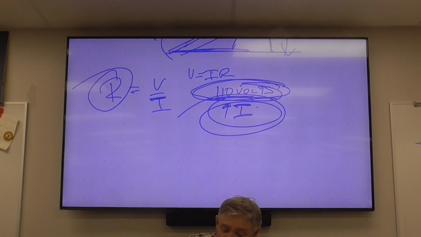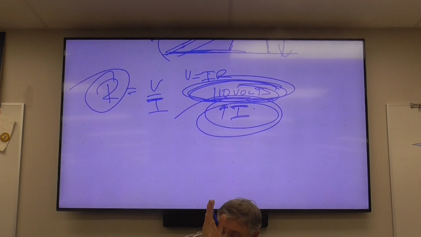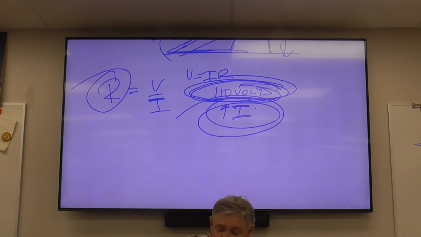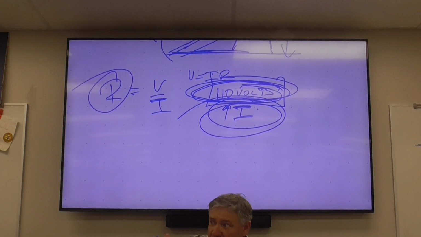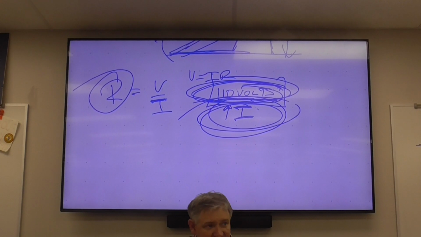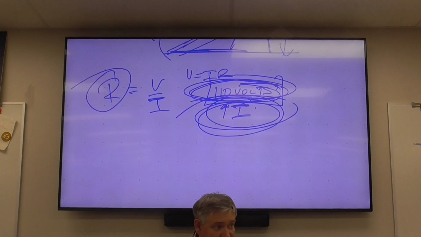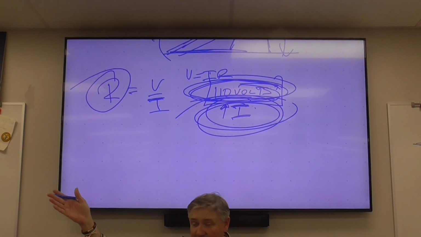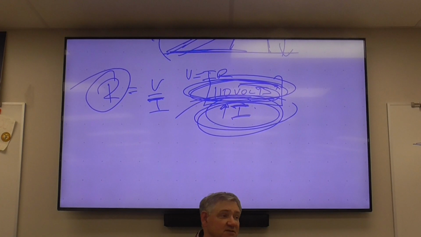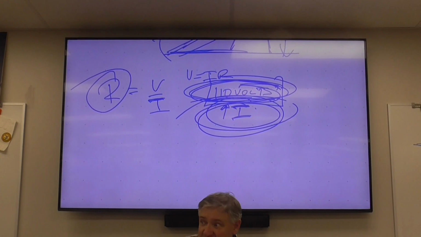If you're holding, and this is what's going to be important, you focus on what you're holding constant. Your household typically runs off the same voltage. But depending upon what the appliance is, like running a toaster versus a pencil sharpener, a toaster needs a lot more resistance, because that's how toasters work.